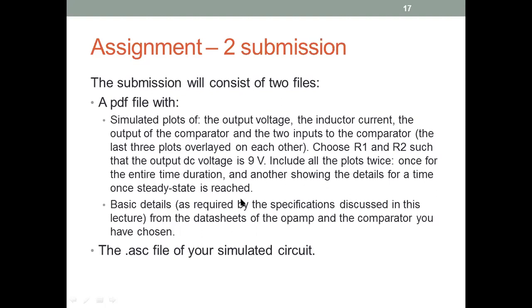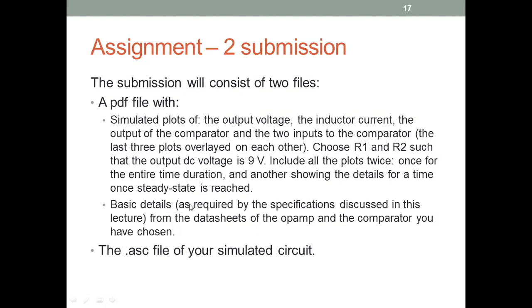So this, and also what I want is you will choose the op amp and the comparator. So you find from the data sheet the specifications that are stated in this lecture. For the op amp, the gain, the unity gain frequency, and the maximum output voltage.